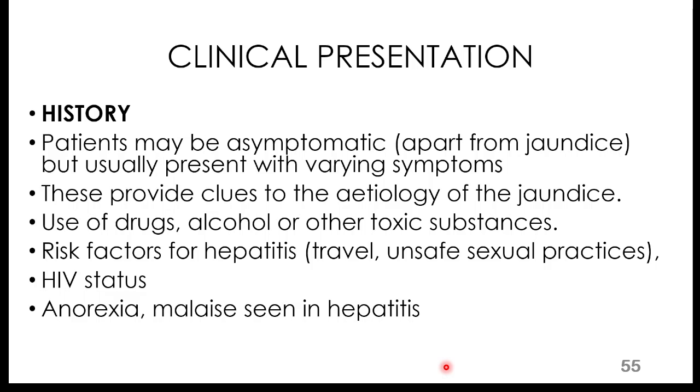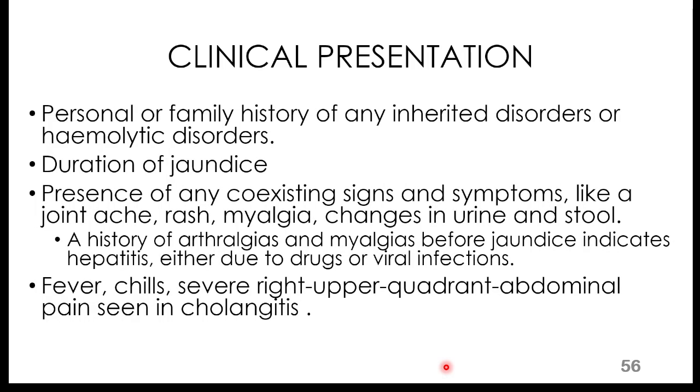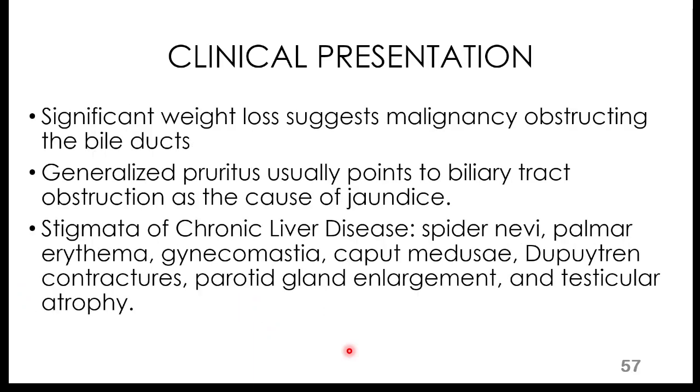You need to find out about possible hepatitis, HIV status, ask about anorexia. Ask about the duration of jaundice and the presence of any coexisting signs, like I said earlier: fever, chills, and severe right upper quadrant pain seen in cholangitis.